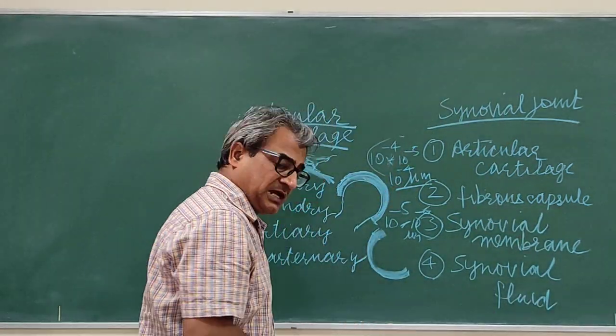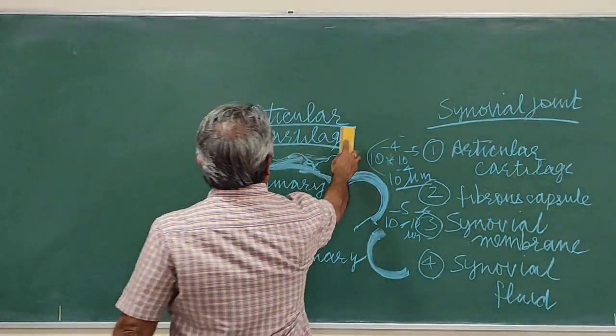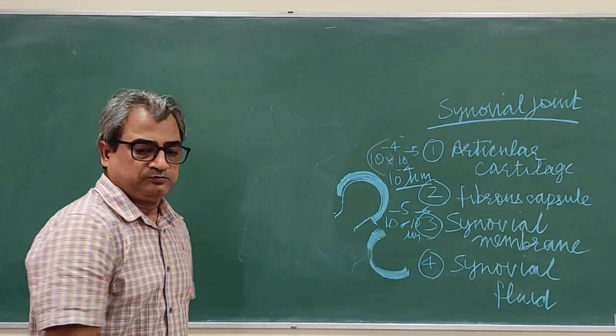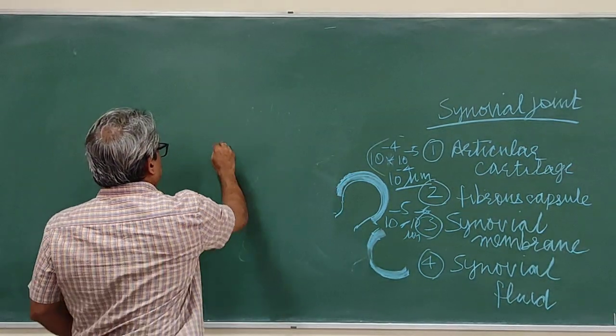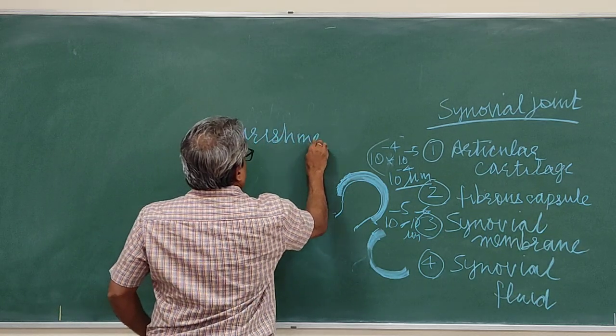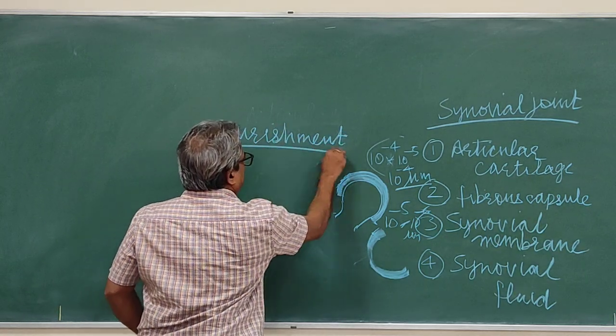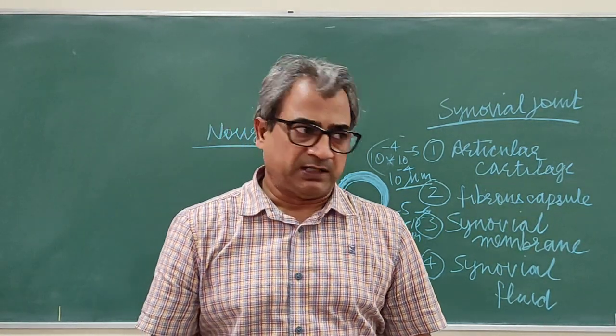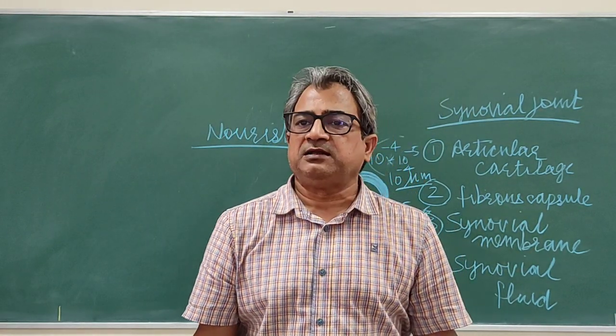Now, how does this cartilage get its nourishment? We know that hyaline cartilage is not supplied by blood vessels. So how does it get the nourishment?